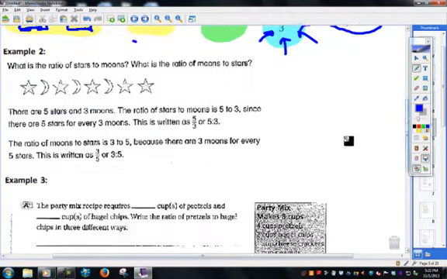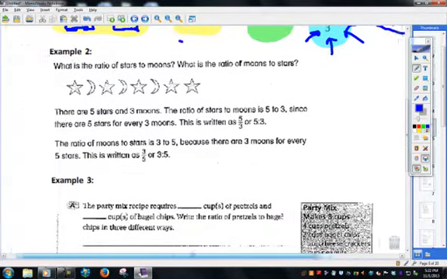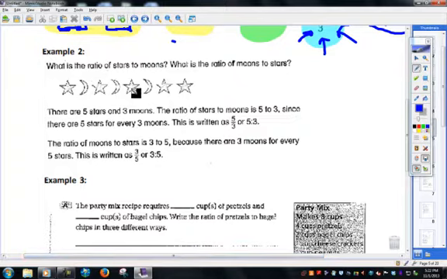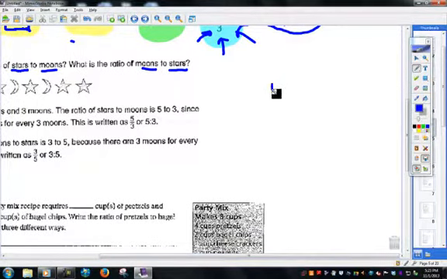Okay, so example 2 here. What is the ratio of moons to stars? What is the ratio of stars to moons? And then what is the ratio of moons to stars? Now the key important thing here, I want you to write off to the side: order matters.